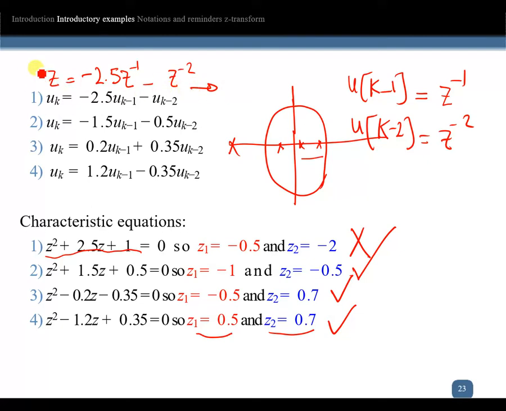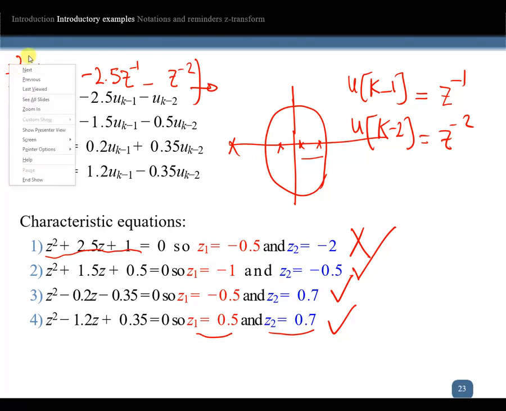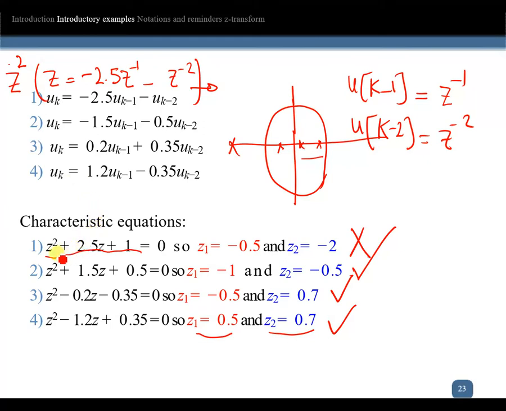If I multiply both sides by Z power 2, minus 2, sorry, what will happen? It will be exactly the same value as here. This one we will discuss later, just keep it in mind, and we will see together in the future.